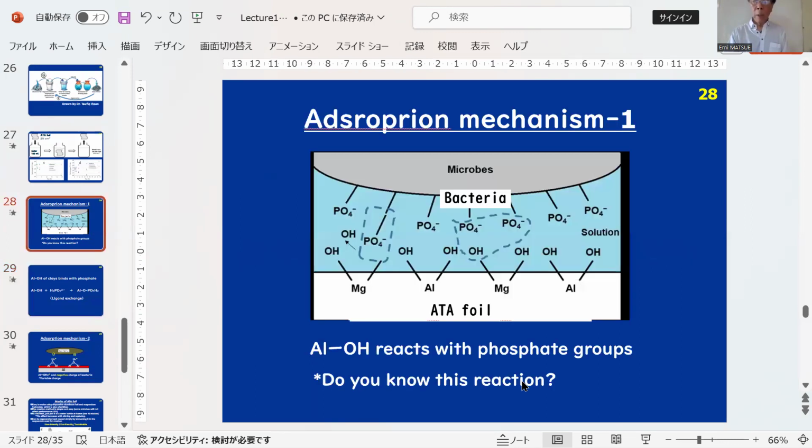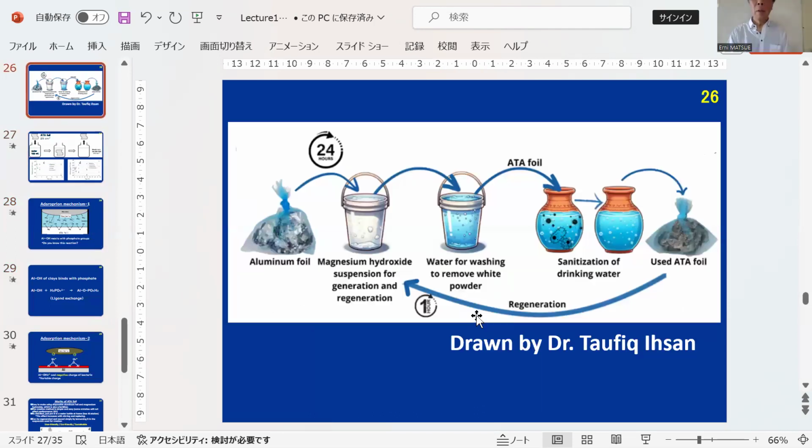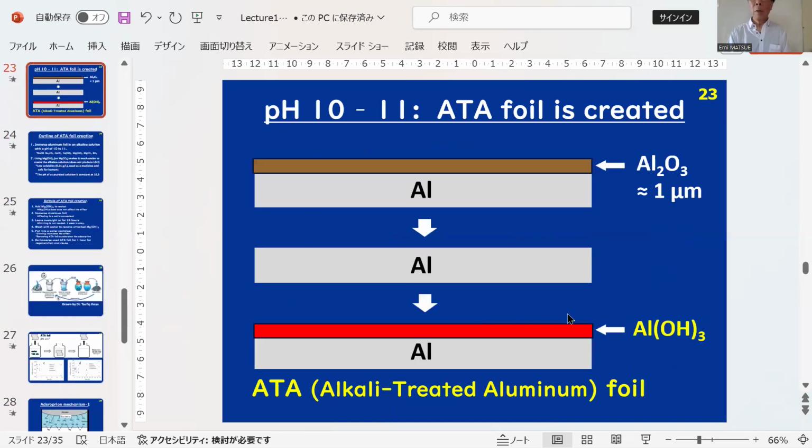The same reaction occurs between ATF oil and bacteria. This is knowledge of soil science, very good knowledge. This is knowledge of high school.